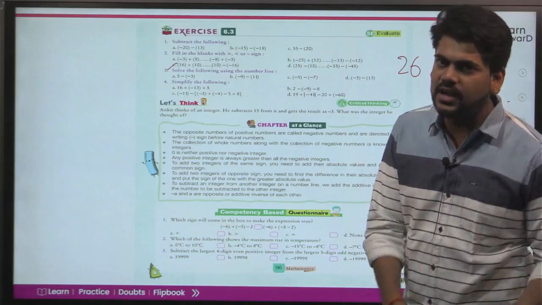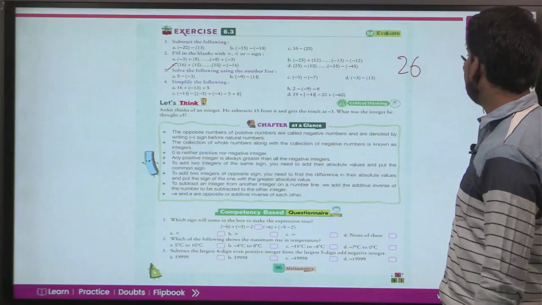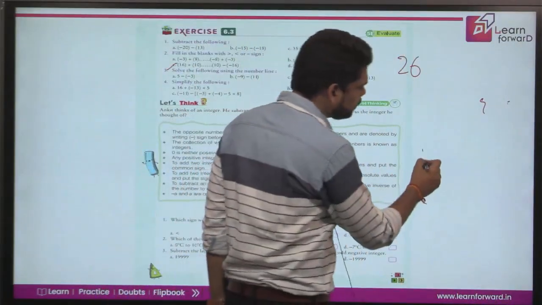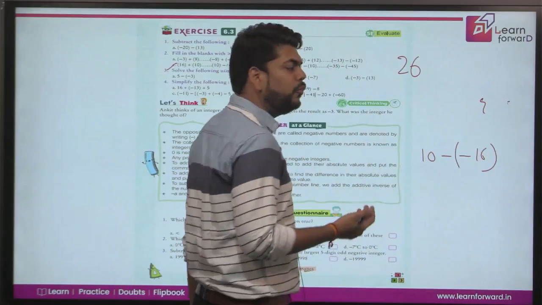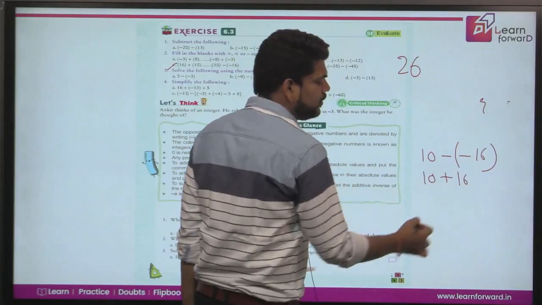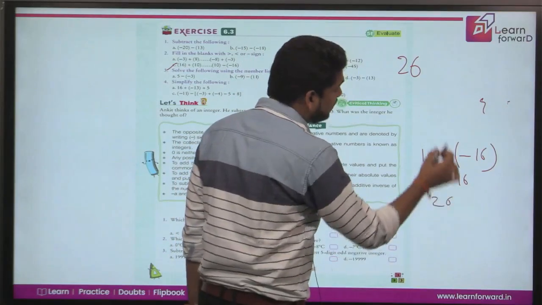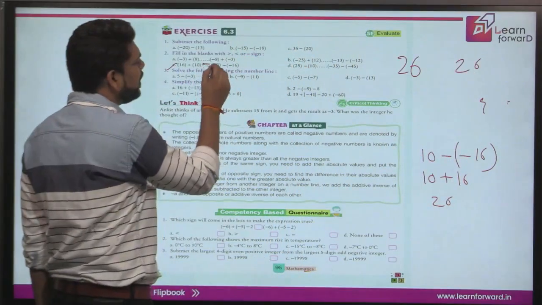Come on the right side. It's written 10 minus minus 16. So first of all, what we will do, we will remove the bracket. Minus minus plus. Now both are positive numbers. 10 plus 16, answer is 26. That means both the sides are equal. So the answer of C part is equal.